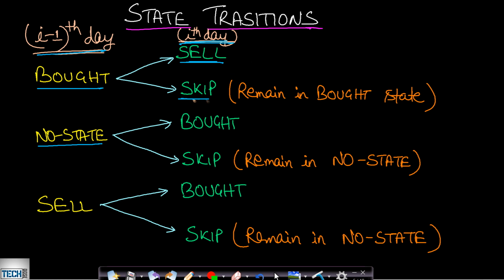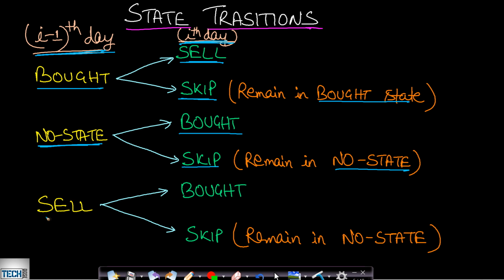Otherwise, if we skip the selling part, then we will remain in the bought state because we will be holding the stock in hand. Now, if we were in the no state on the I minus 1th day, then on the ith day, we can buy a stock and we can go to this bought state. Otherwise, if on the previous day we were in the no state, then we can skip doing anything, like we can skip buying or selling, and so we can remain in this no state.